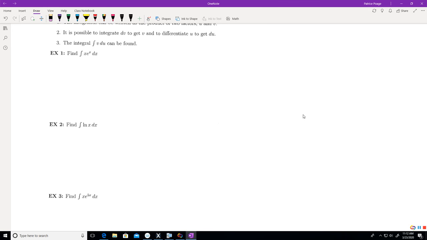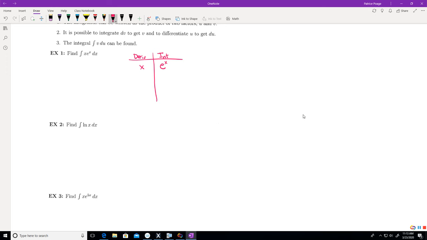This is what you do if you're doing integration by parts for an e problem. You're going to draw a little chart, and on one side you're going to be finding the derivative. On the other side you're going to be taking the integral. If there's an e in the problem, that e will always go with the integral, and the other stuff will always go over here with the derivative.